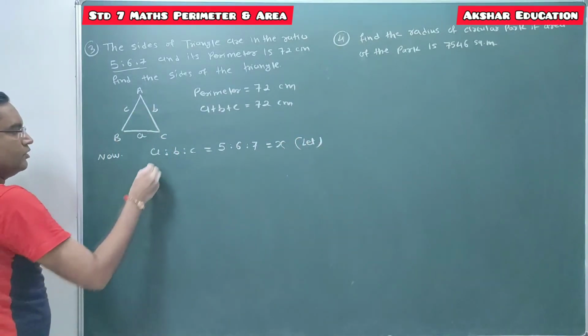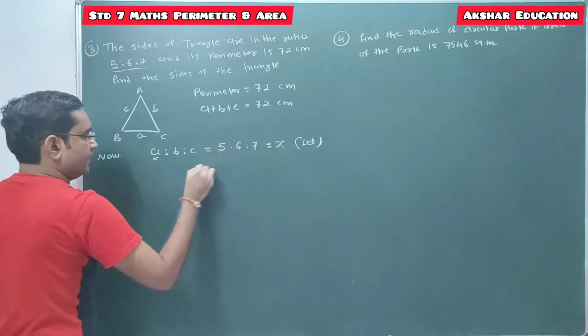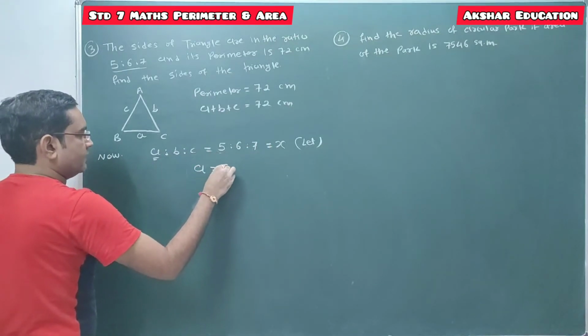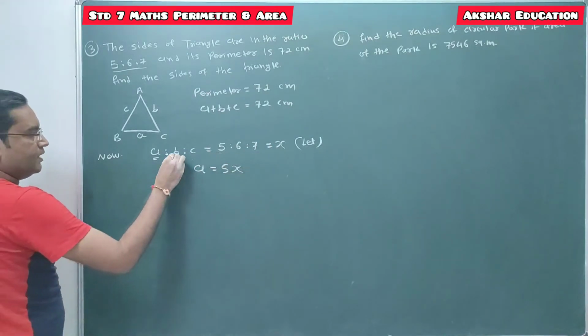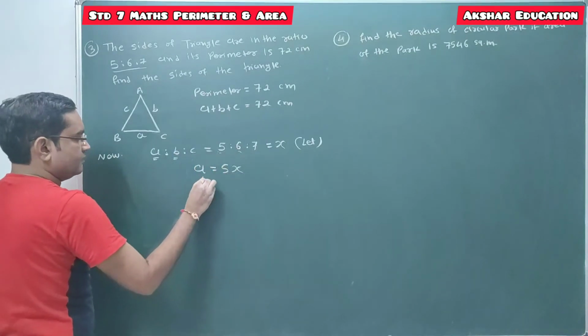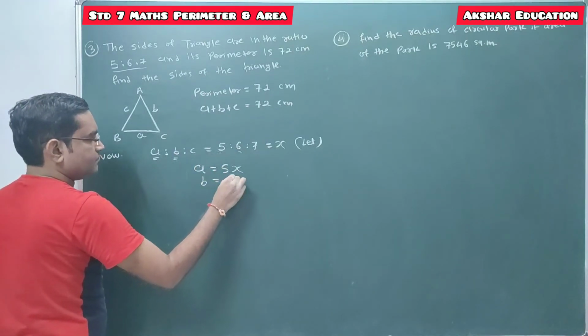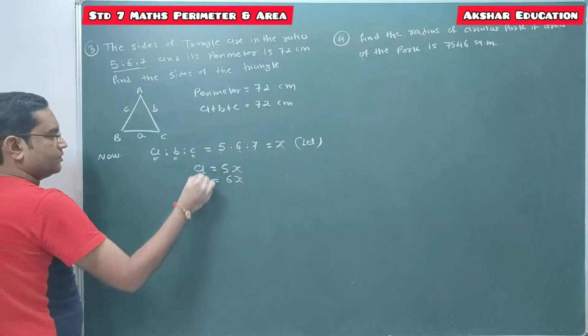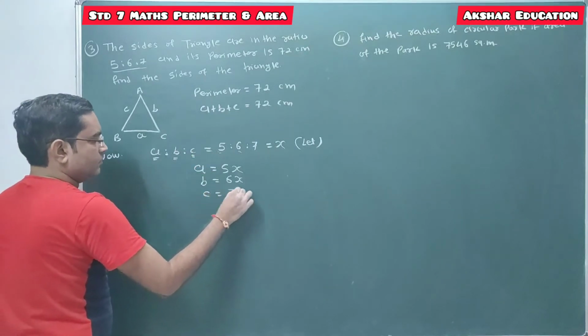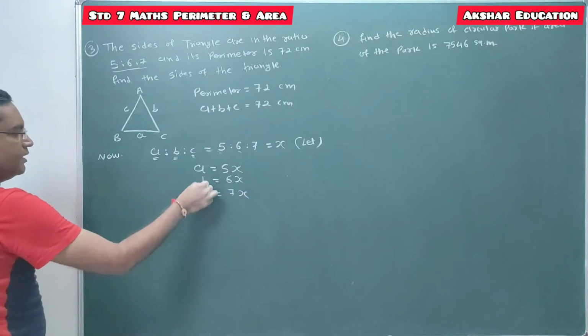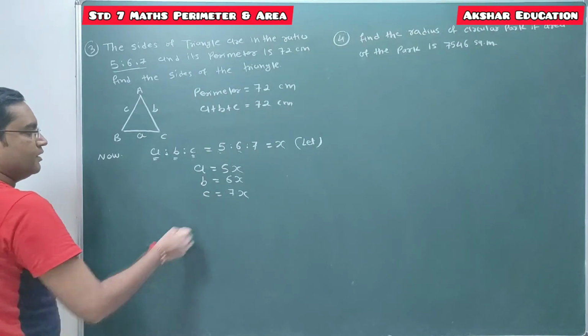So here we get a equal to 5x, length of first side 5x. Then length of second side b equal to 6x, and length of third side c equal to 7x. So these are the 3 lengths of sides of triangle in terms of x.